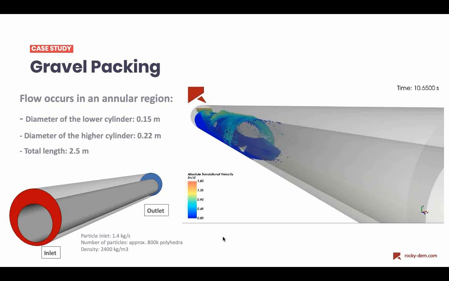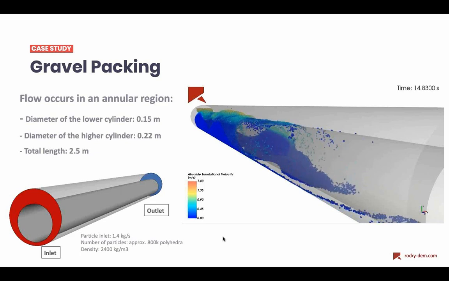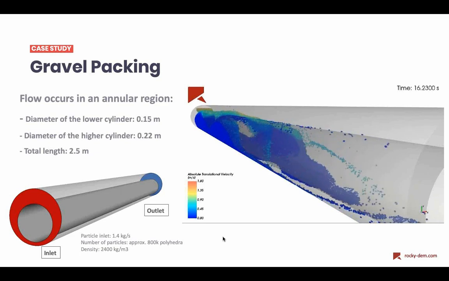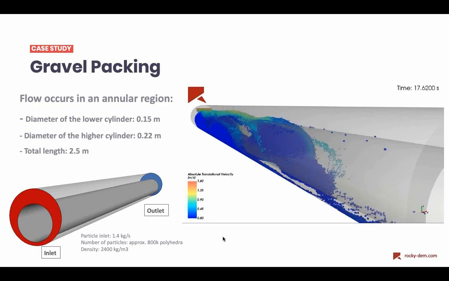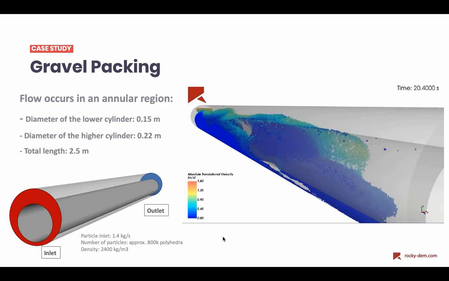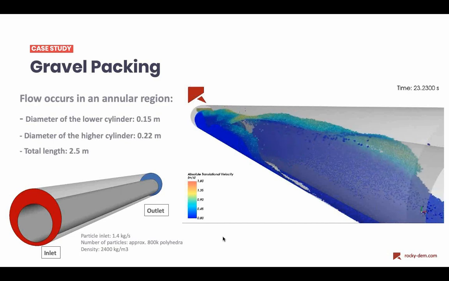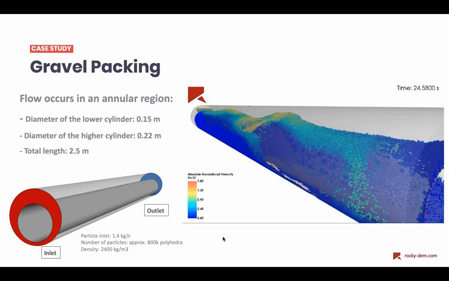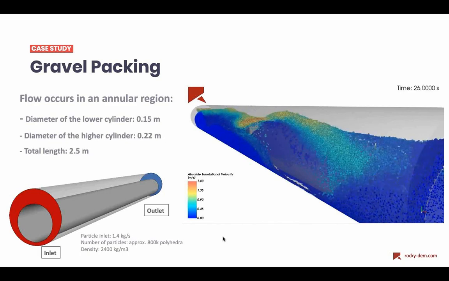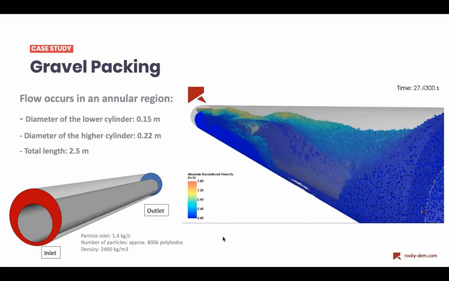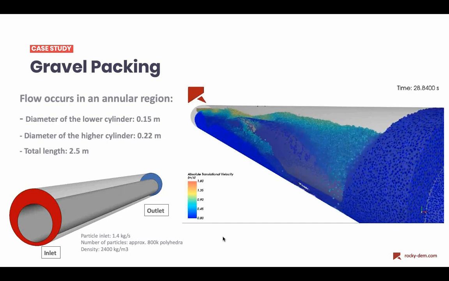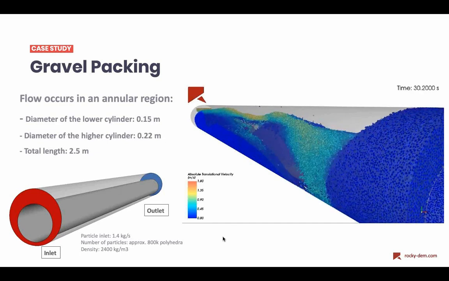So I put a few particles within the annular, and because of the interaction with the liquid that I'm filling in and the particles, I can see and I can predict how this packing is going to happen, how the filling is going to be done, how long it's going to take, what is going to be the final porosity of this media, how efficient this filling is going to be. I'm going to end up with some dead zones where I do not have particles, for example. Is it going to be a uniform filling?